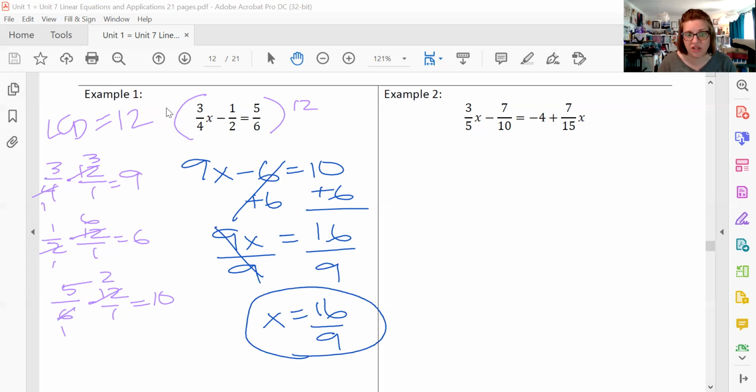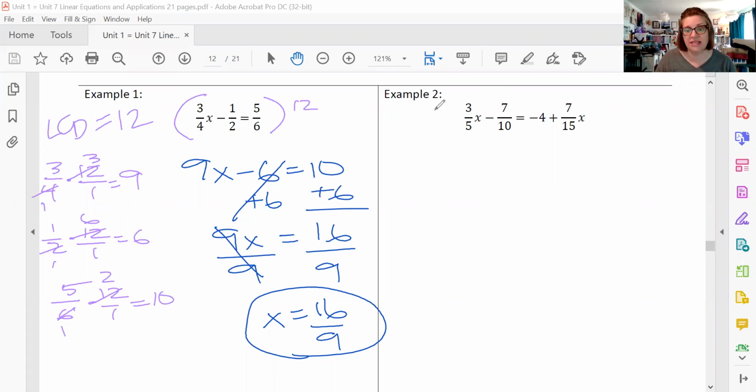I started with fractions, so it's okay that I end up with fractions. But it's nice that I can get a fractional answer, x equals 16 over 9, without having to change everything into a fraction and remember how to subtract with fractions. Hopefully you'll look at it and think it's easier too.